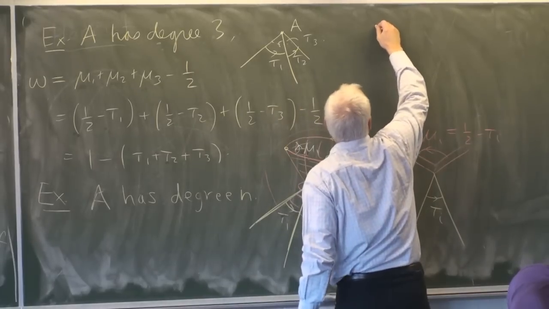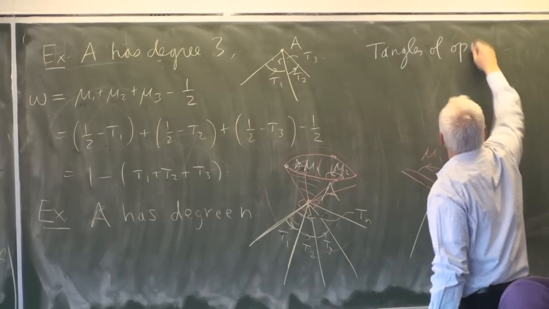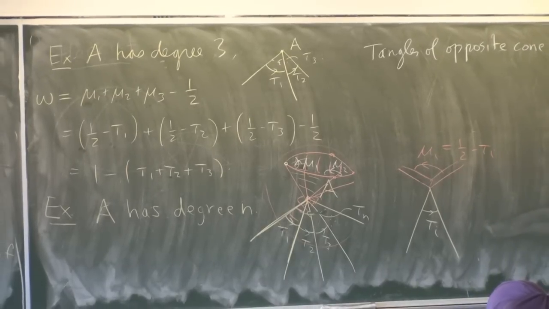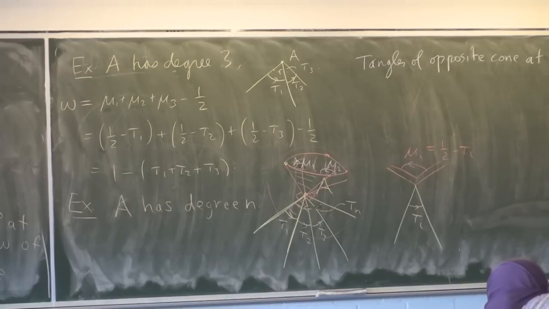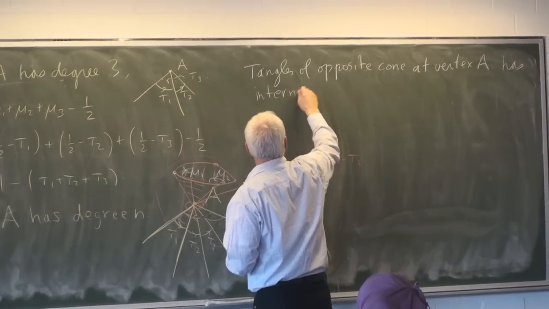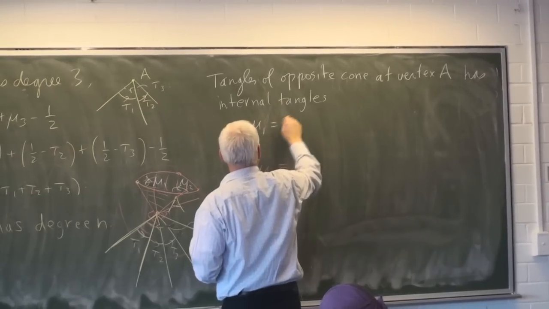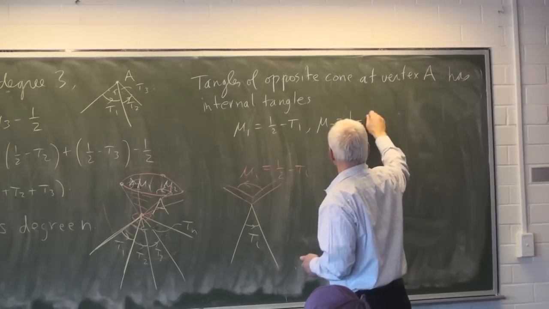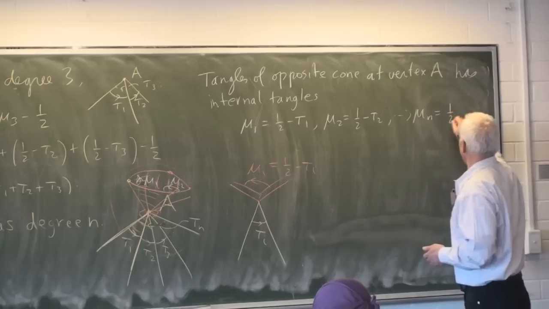The opposite cone at the vertex A has internal tangles mu1, which is 1/2 minus tau 1, then mu2, which is 1/2 minus tau 2, and so on up to mu n, which is 1/2 minus tau n.